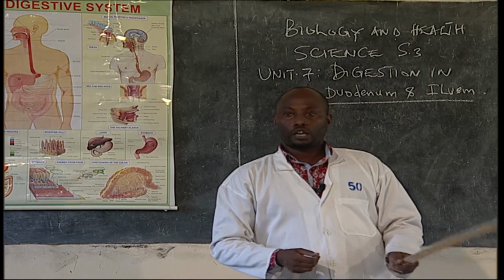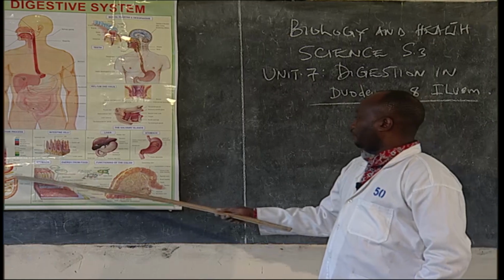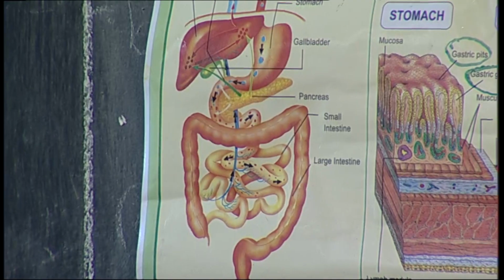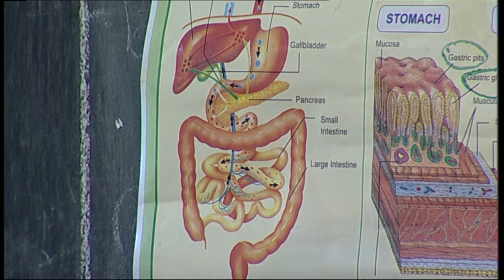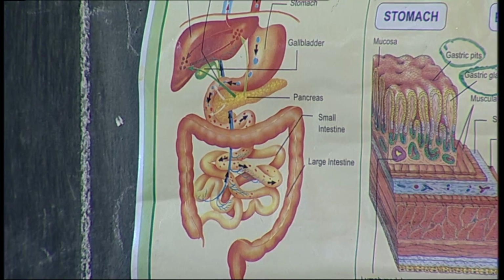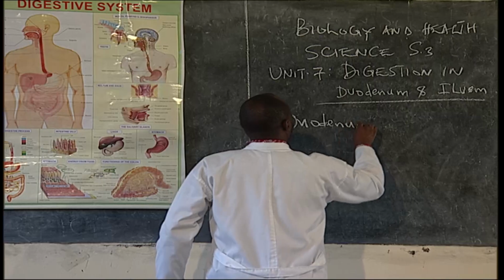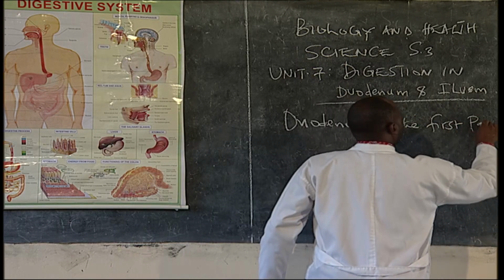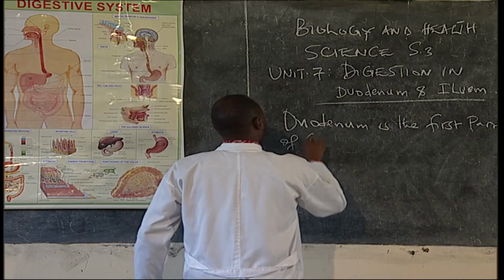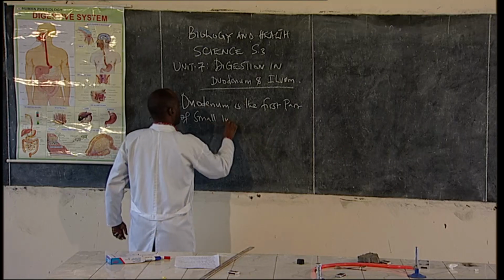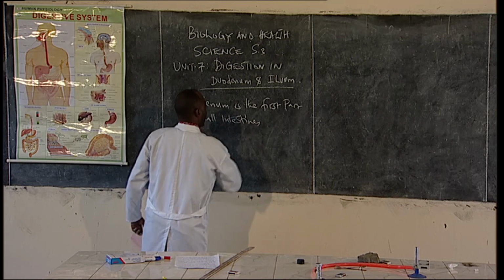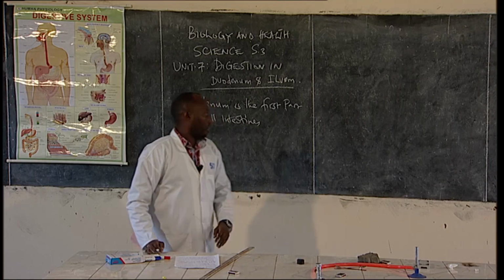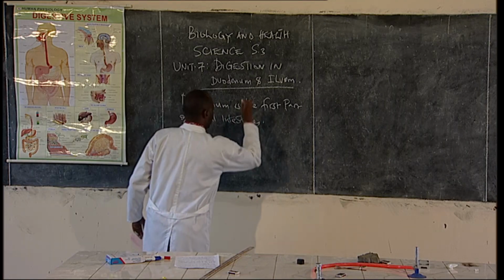So today we're going to talk about digestion in the duodenum. The duodenum is the first part of the small intestine, where there is further chemical breakdown of food. The small intestine is made up of 3 major parts.